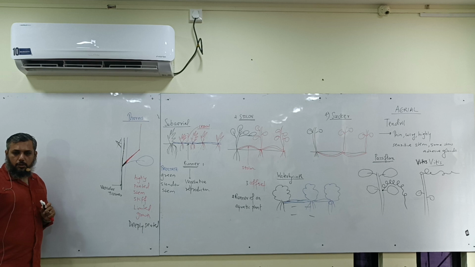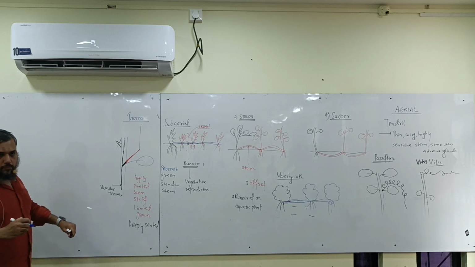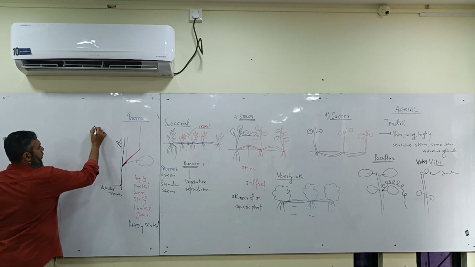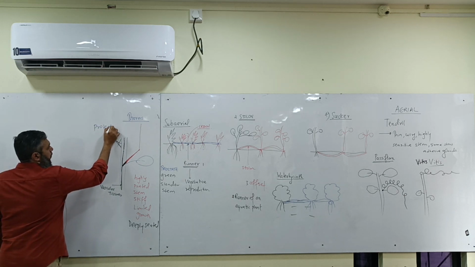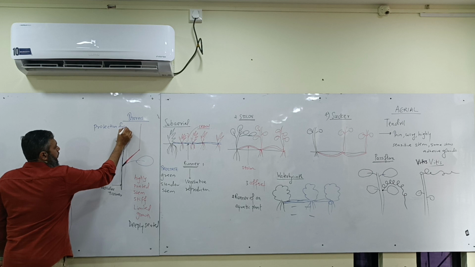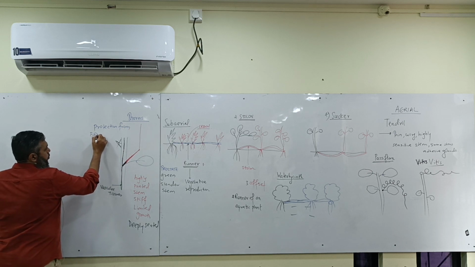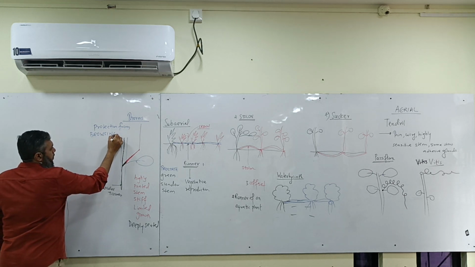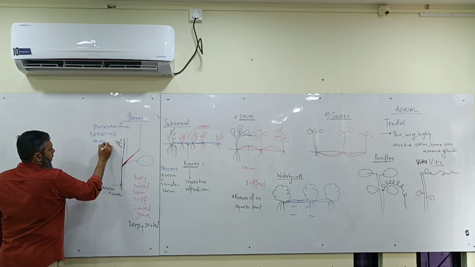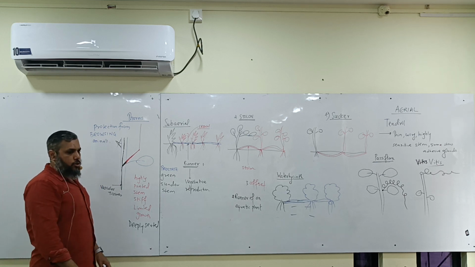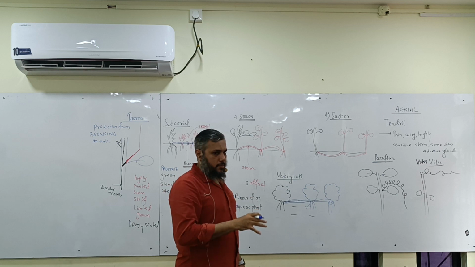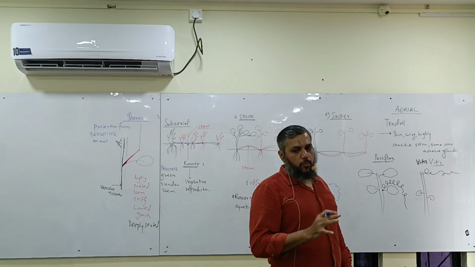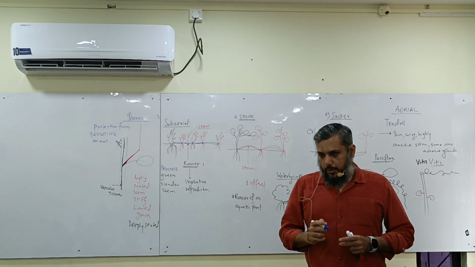Another thing about the thorn. Okay, why does this particular plant produce a thorn? It is for protection from browsing animals. Okay, browsing means grazing animals. Okay, herbivores. Right?